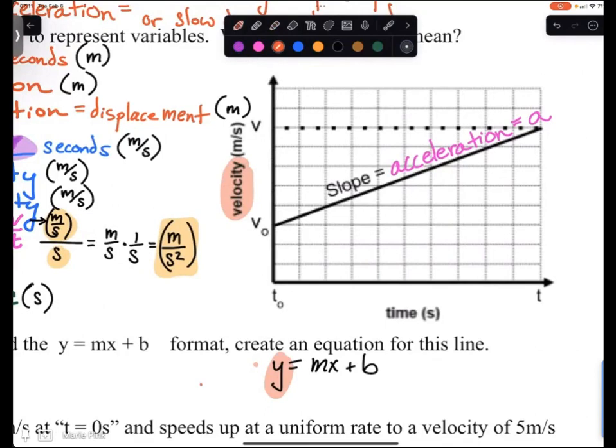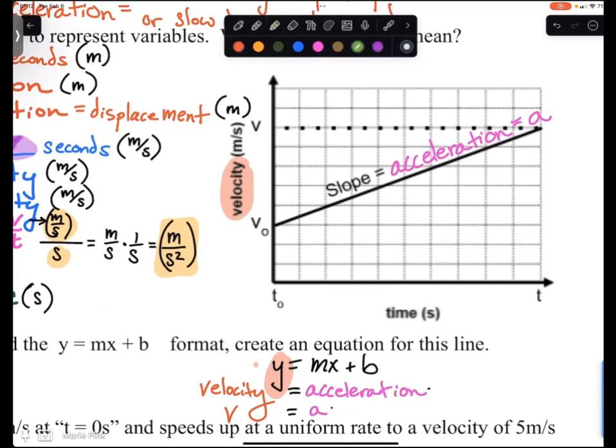Now you could either write it out as velocity, or you could just write v. And then on the right-hand side, m is the slope. So in this case, our slope is the acceleration, or a. And then instead of x, we need to put our x variable.